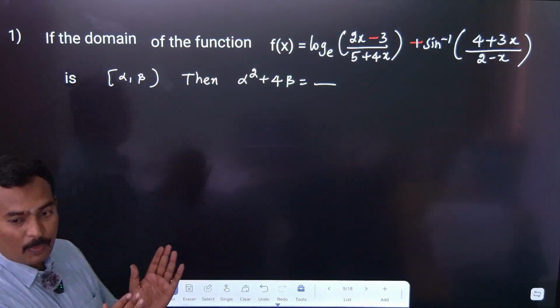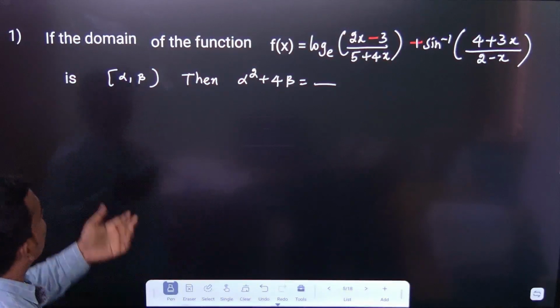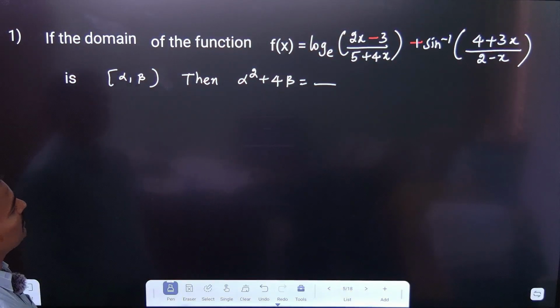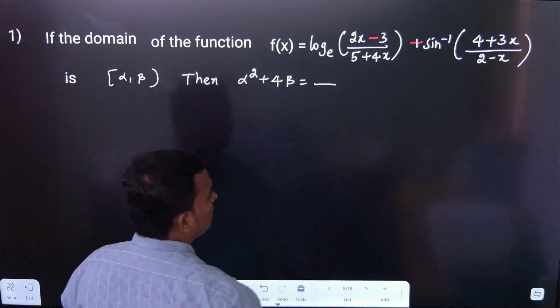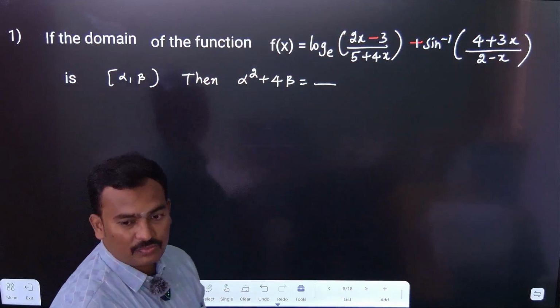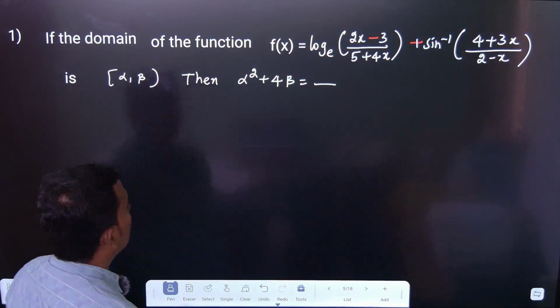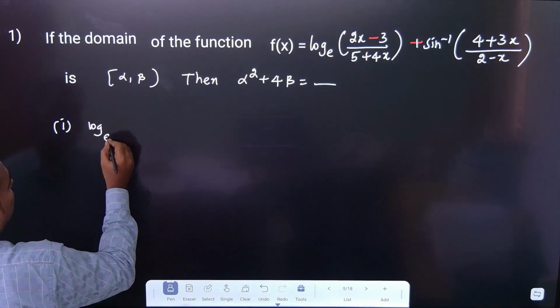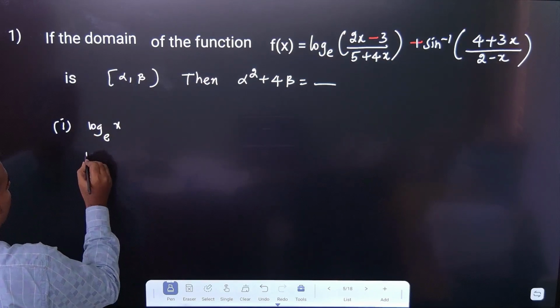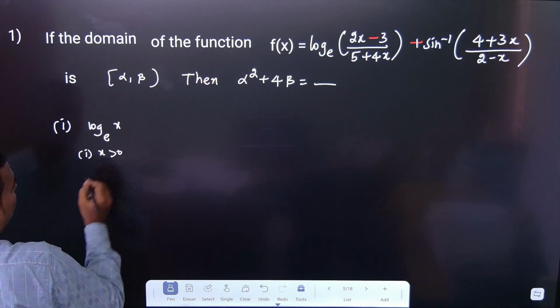Let us discuss the past year paper. So, domain of the function: we already discussed that there is addition of two functions, one is logarithmic, one is inverse function, sine inverse. The first observation: log x base e is defined when x is greater than 0.